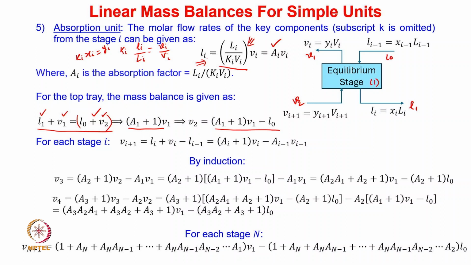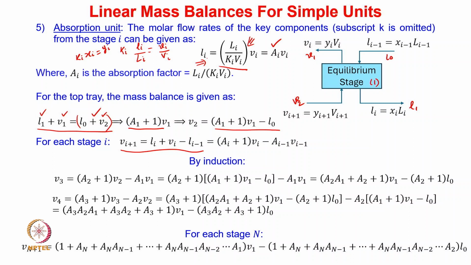Once we have obtained this, we can write down this mass balance for any stage I. V_{i+1} is coming in, plus L_{i-1}, and that should equal L_i plus V_i. Rearranging, we get V_{i+1} equals L_i plus V_i minus L_{i-1}.